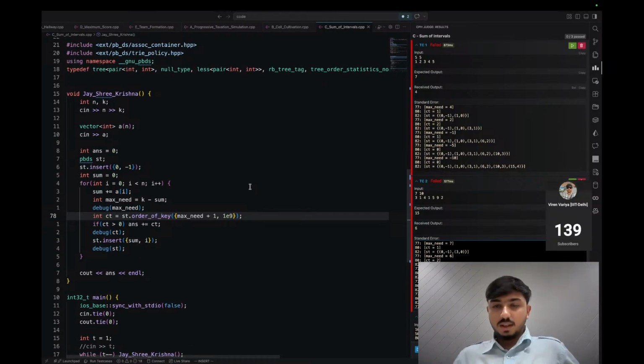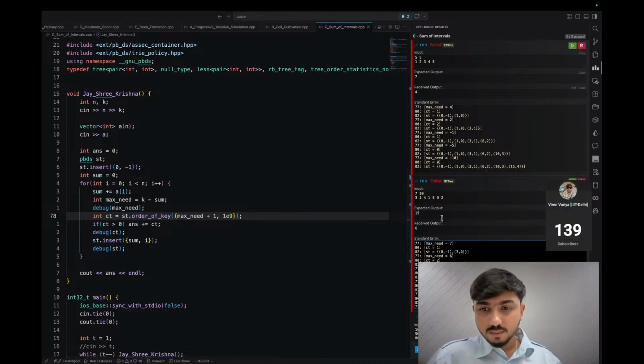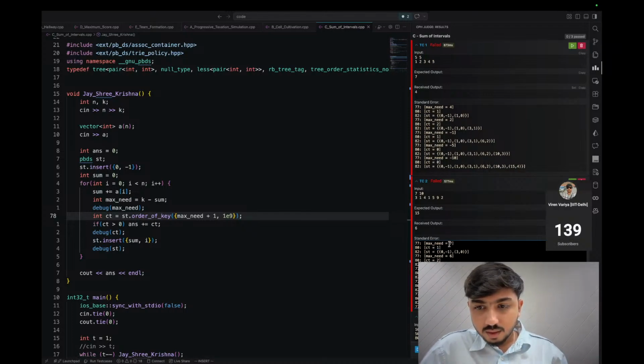What am I missing here? It should be 2, right?